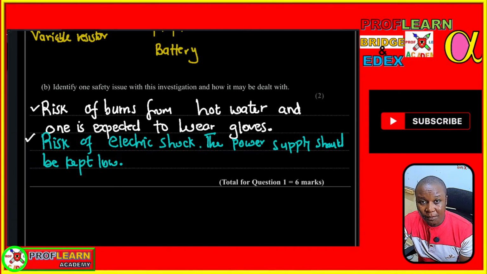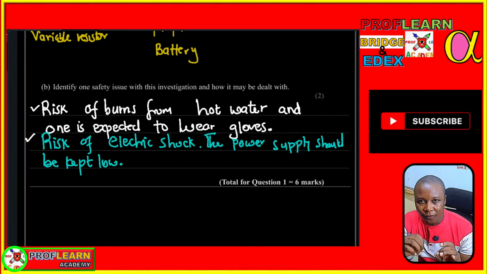And to protect yourself against that, you put on gloves so that you don't come into contact with the electrical live wires. Also, you can reduce the voltage of the power supply.